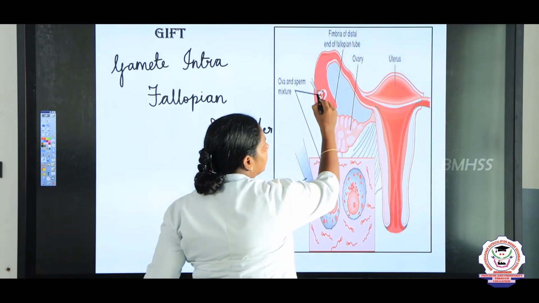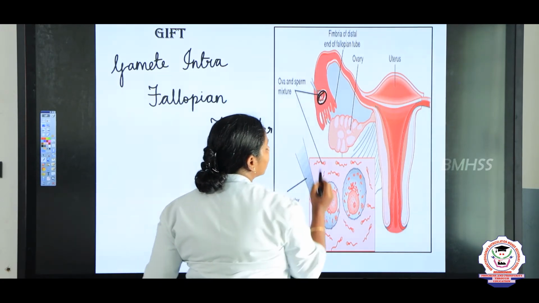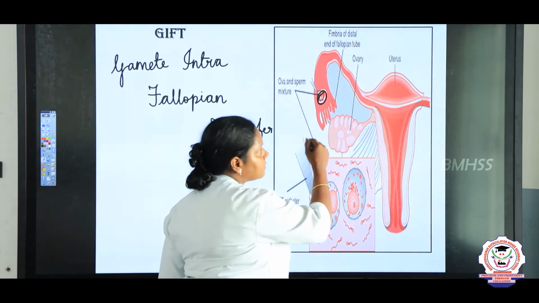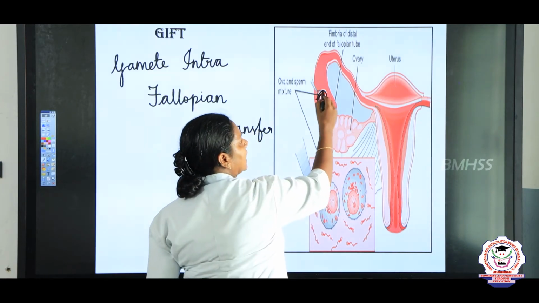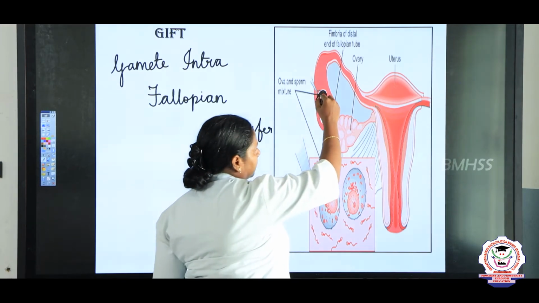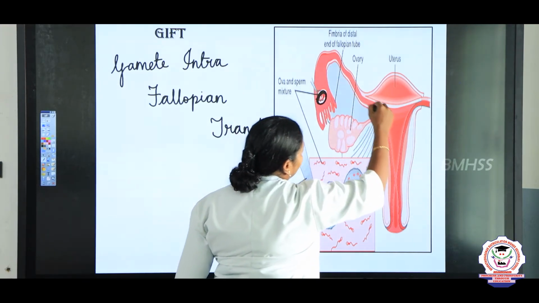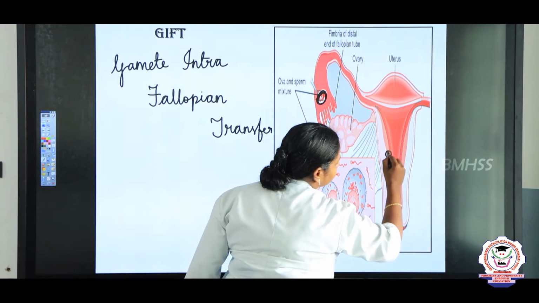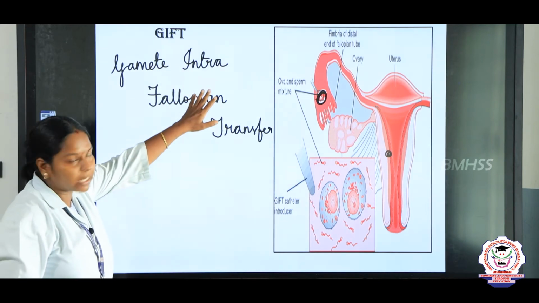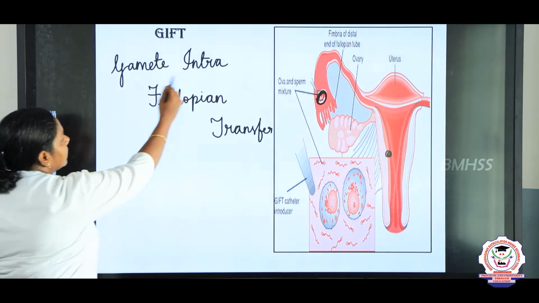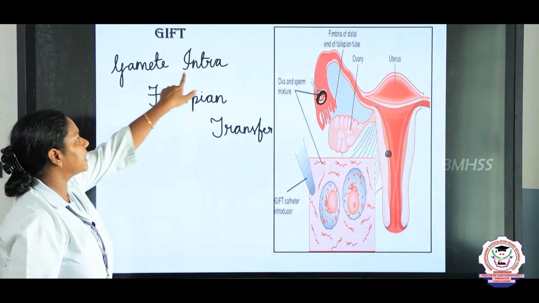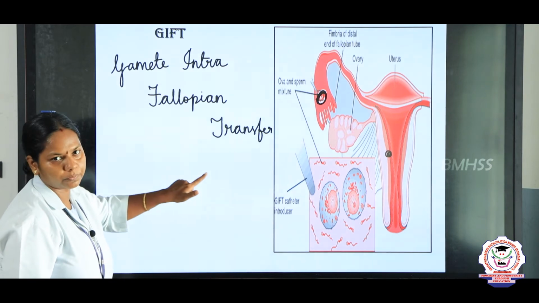Here is the fallopian tube, right? The egg from the donor and the sperms from the husband or a donor are directly transferred into the fallopian tube. Now what happens? Fertilization takes place, the zygote starts to develop and it gets implanted into the uterus. So the process of transferring gametes into the fallopian tube, we say, is gamete intrafallopian transfer.